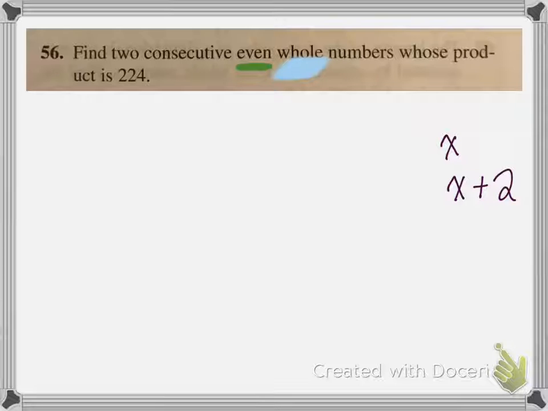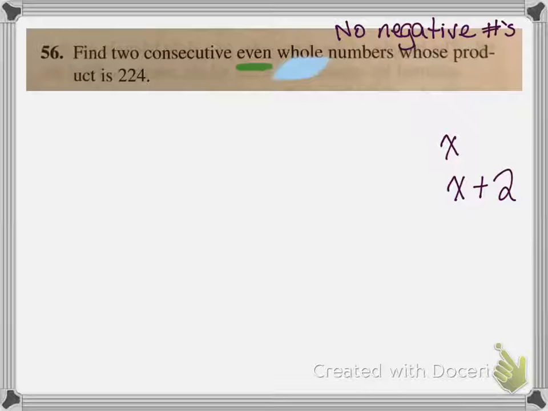In this situation, it's important because we are not going to have any negative numbers. If I get a negative number in my solution, I'm going to throw it out because this particular problem is talking about whole numbers only. So it's a little bit of vocab that you want to be aware of.